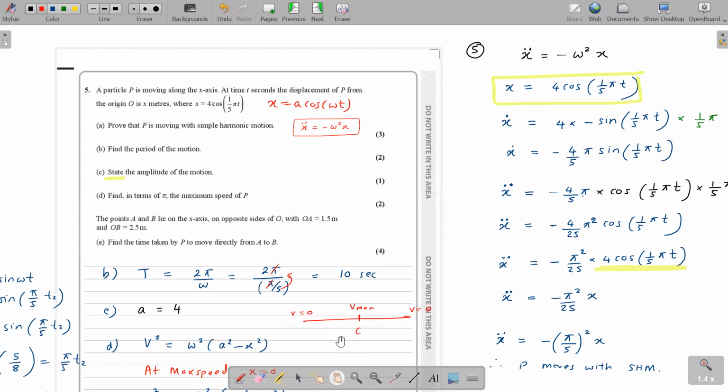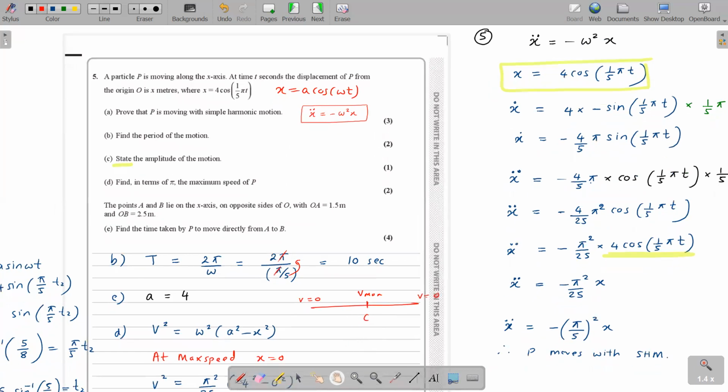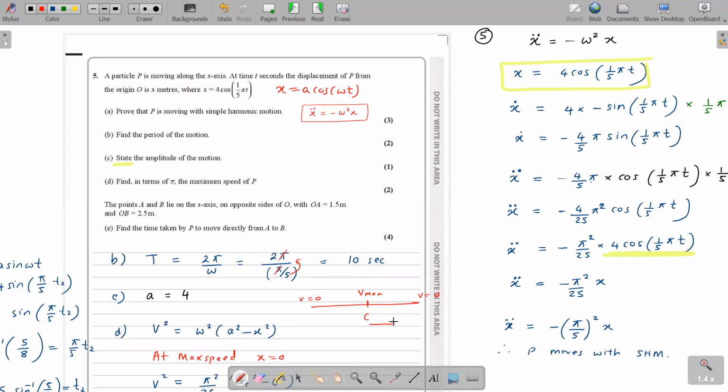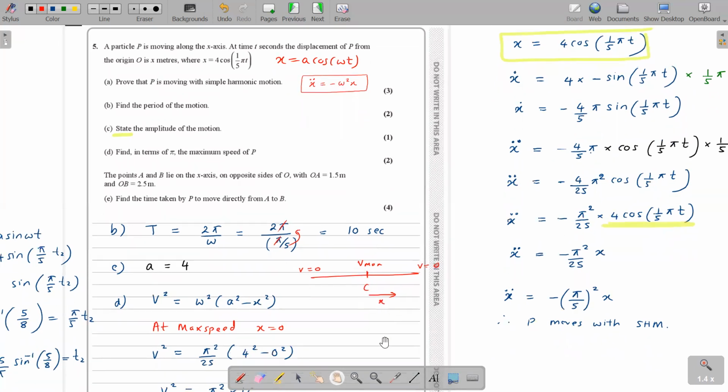So what do you do to find the maximum speed, guys? You measure your x from the center of SHM, right? So when you're at the center, the x value is 0. Do you recall this theory? When the particle is at the center, because you measure x distances starting from the center of your SHM, we use v square equals omega square times a square minus x square.